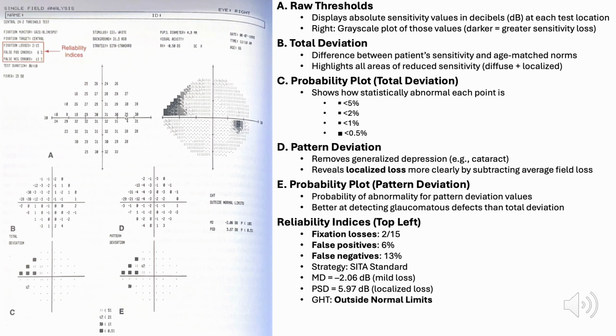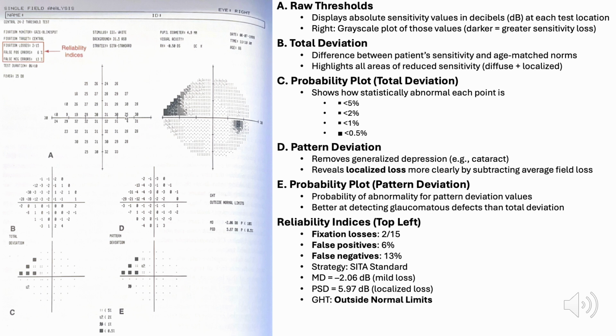Panel D displays the pattern deviation map, which adjusts for generalized depression. It makes focal defects easier to identify by removing global causes, like cataract. Panel E shows the pattern deviation probability plot, which is often more sensitive in detecting glaucomatous changes than the total deviation plot. At the bottom of the reliability section, we see the MD and PSD values.